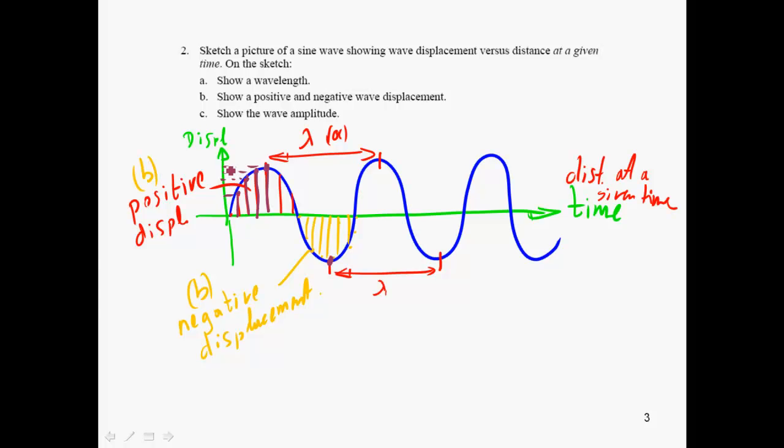So this is part C of the answer. So here's positive amplitude, and down here you have negative values for the amplitude. Okay. So that's question 2. Let's go to question 3.